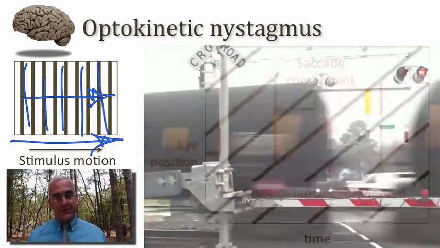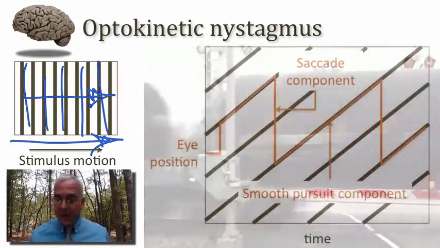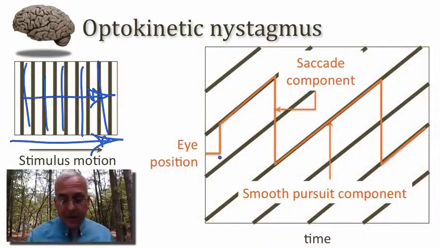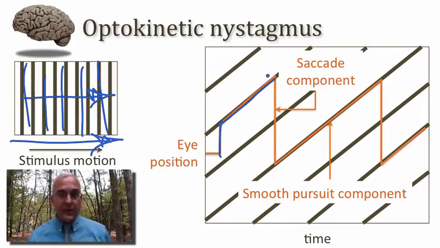And what happens? Well, we tend to make a saccadic eye movement to some feature on that train. Maybe it's a window in a coach car, or maybe a door on a box car. Then as that object passes in front of us, we essentially make a smooth pursuit eye movement.